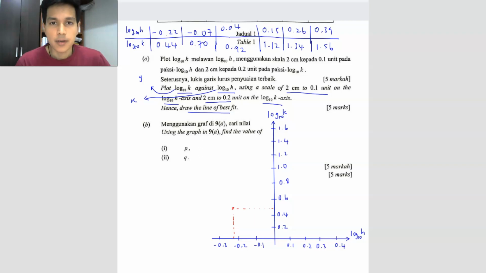Next, 0.07, 0.07 is here, to 0.7, 0.7 is down here. Okay, next 0.04, 0.04 is here, and all the way to 0.92, 0.92 is somewhere here.